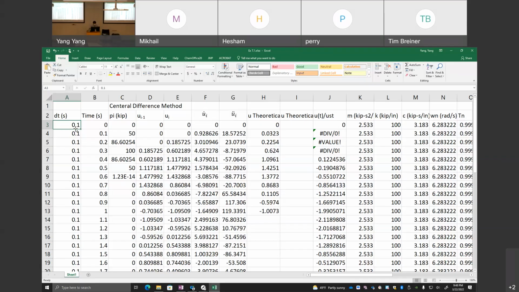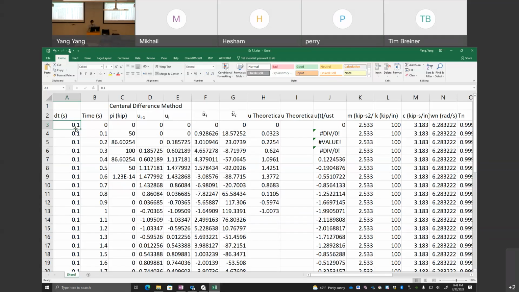The smaller the delta t, the more stable the system. But the issue with a much smaller delta t is that the computer will spend longer to finalize the calculation, or you will have a very large amount of data.